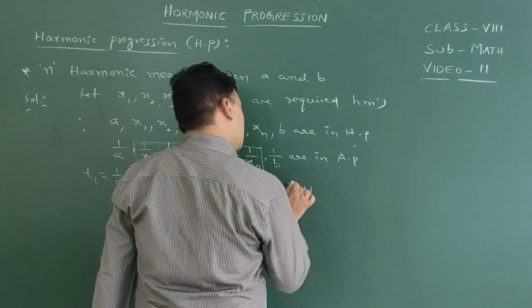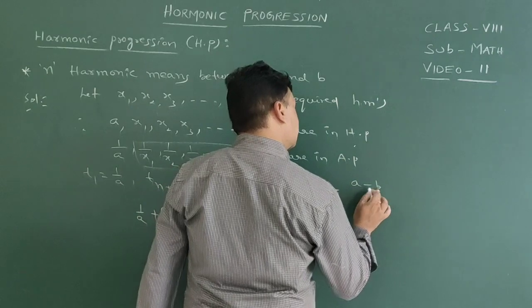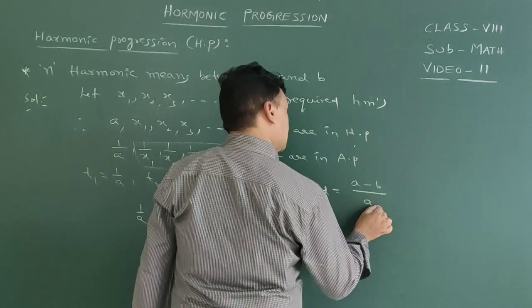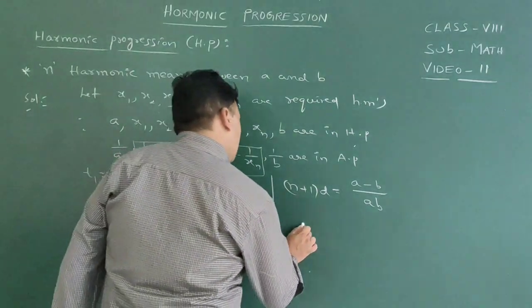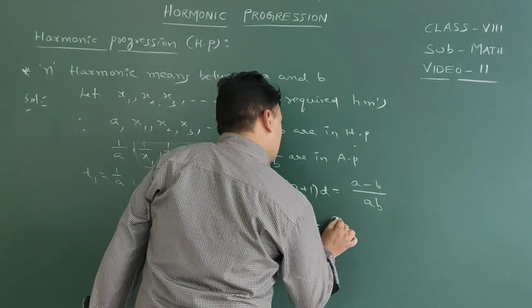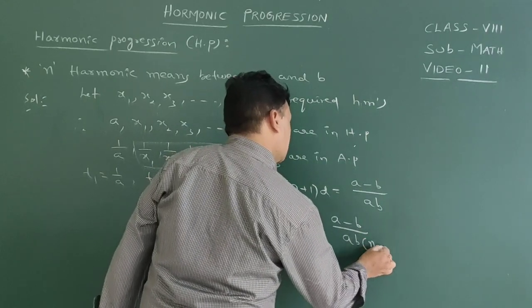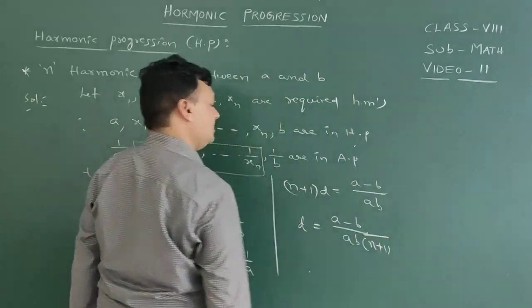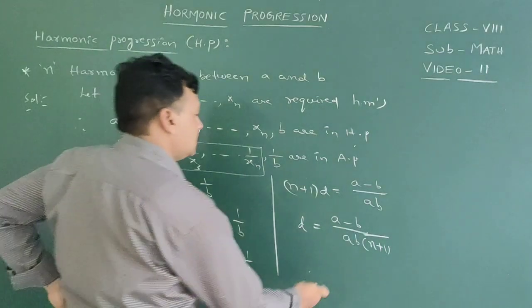Now n plus 1 into d equals A minus B by AB. Now d equals A minus B by AB into n plus 1. Okay, A minus B by AB into n plus 1, that is d.